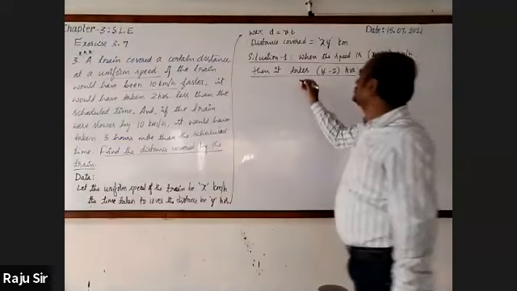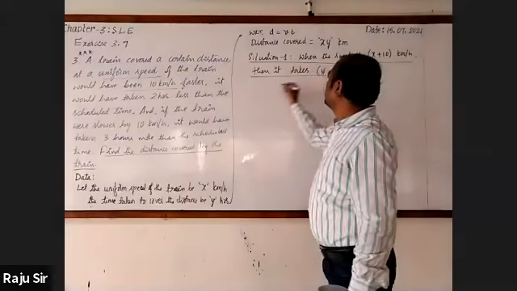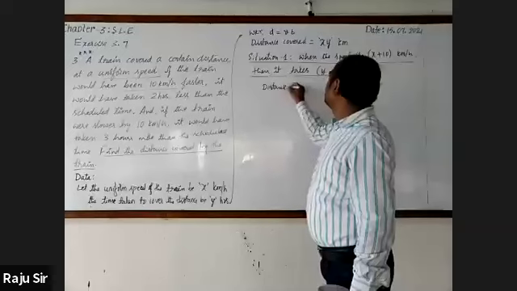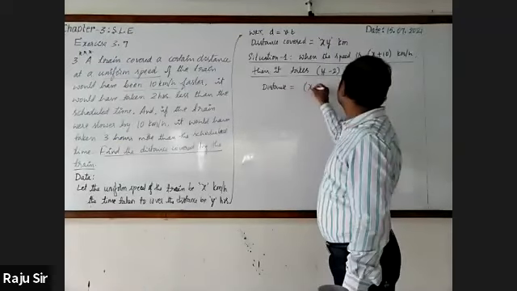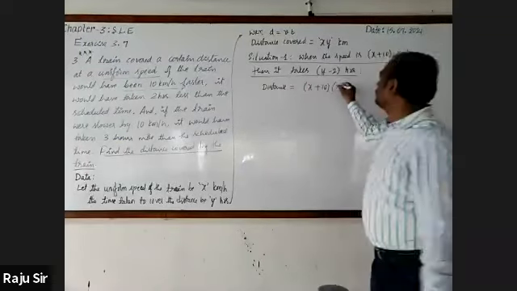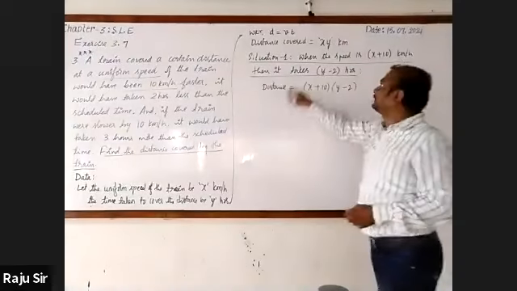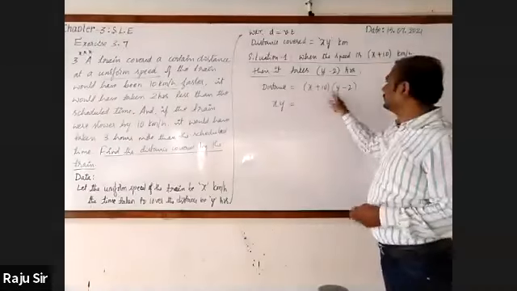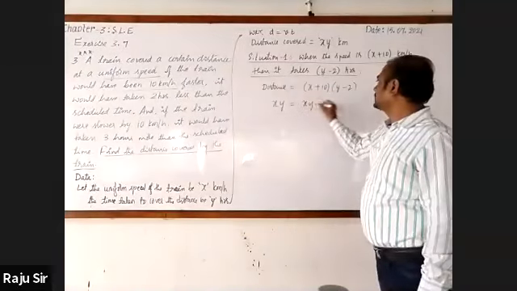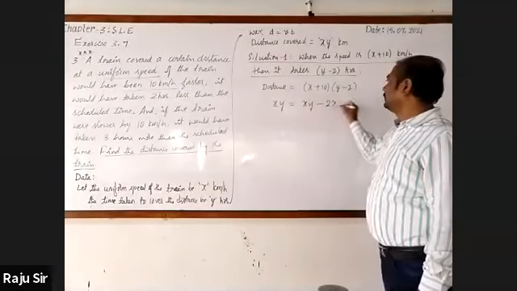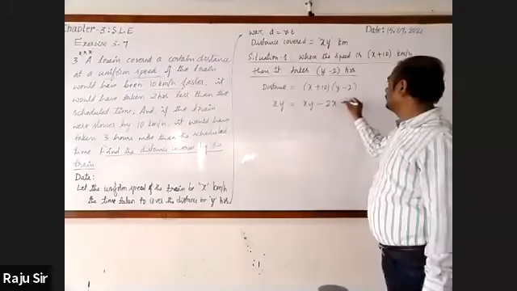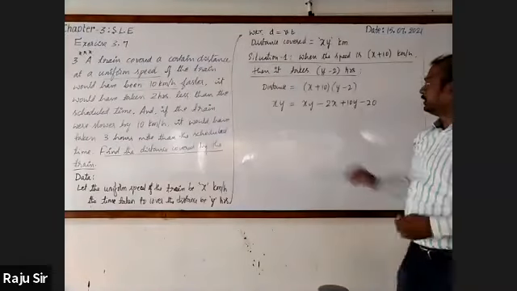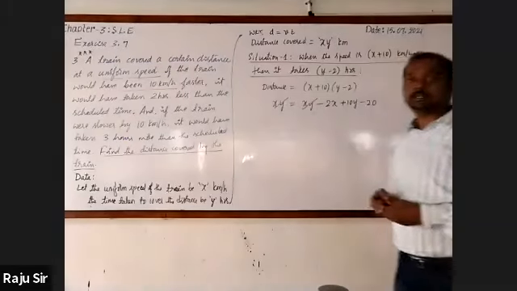And we can write the distance will be distance is equal to speed into time, x plus 10 into y minus 2, where the distance is xy. You may multiply this: x into y, xy, x into minus 2, minus 2x, 10 into y, 10y, 10 into minus 2, minus 20. Here xy gets cancelled.